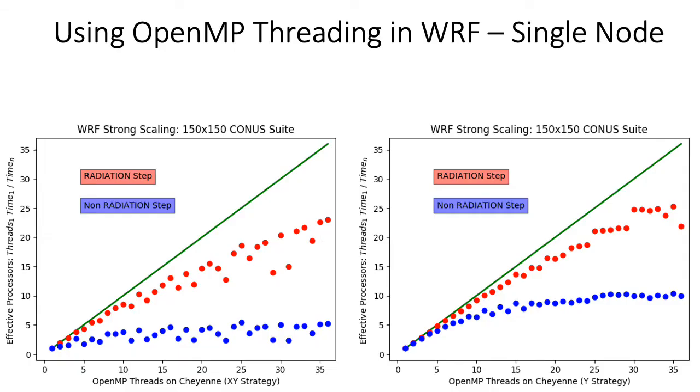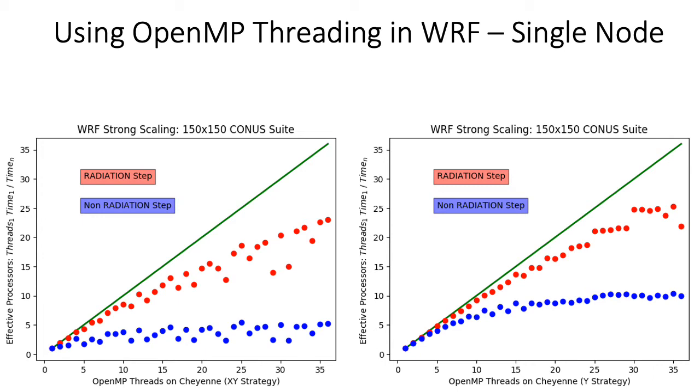We would expect the Y-only tile strategy to be a little bit better performance because the WRF model inner index for all of the computations runs in the I direction, and having a longer I direction value is going to give us a little bit more performance. That's reflected here in these two plots. On the left is the XY decomposition. On the right is the Y strategy for the OpenMP scaling.